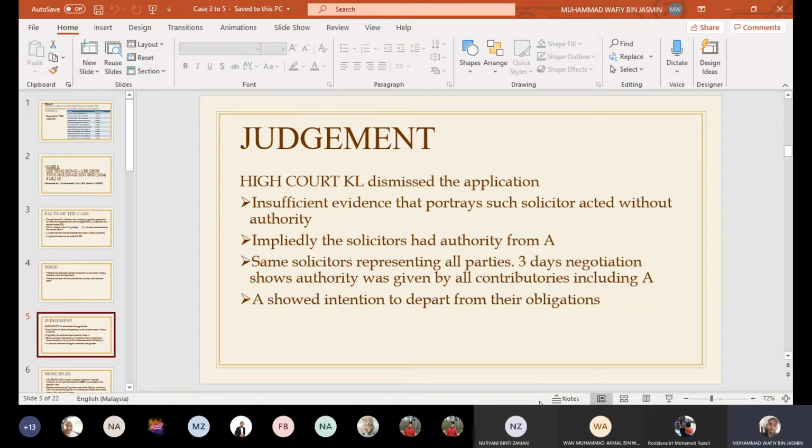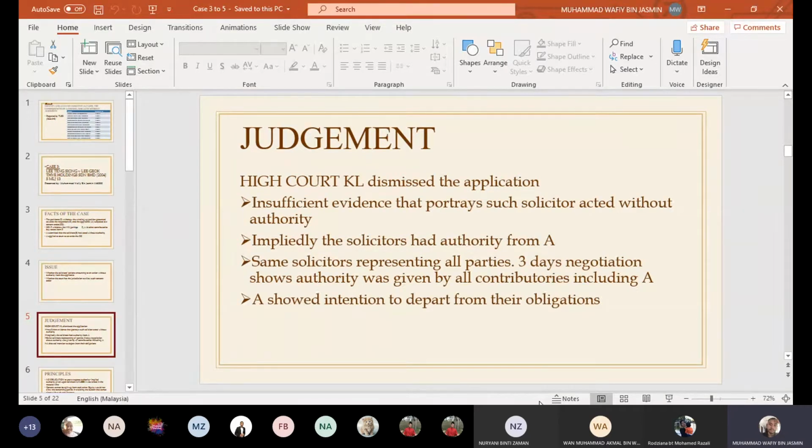As in this case, the negotiation between the parties, as mentioned in point number 3, had taken a period of 3 days. And during this time, the applicants or other parties had never asked in regards to the solicitor's authority whether such solicitor had been given authority into entering such consent order.